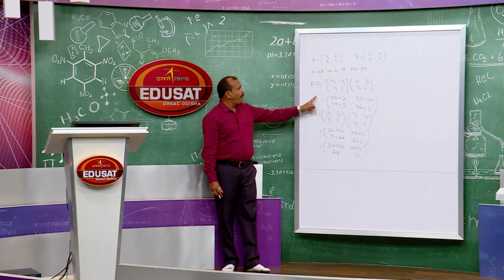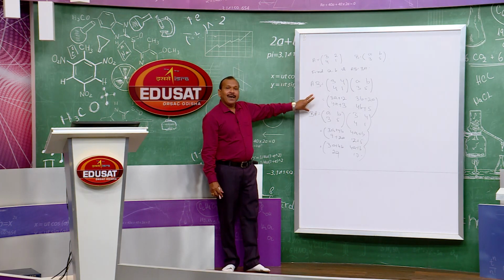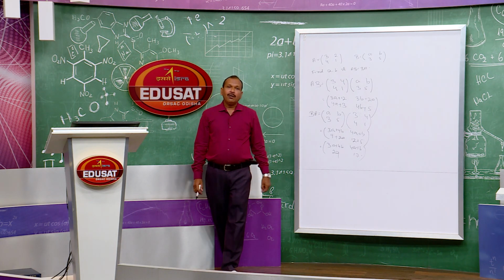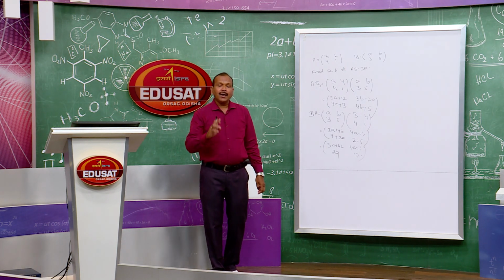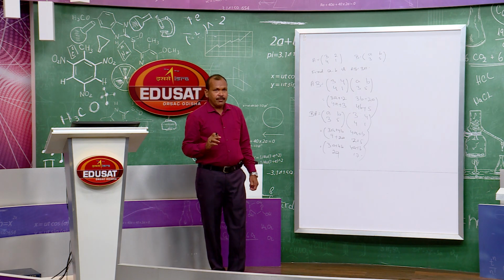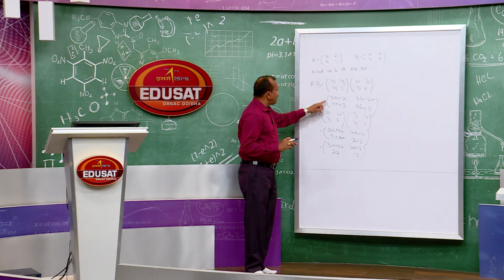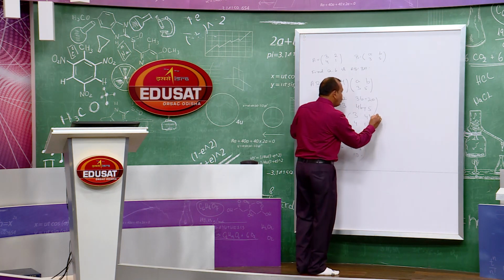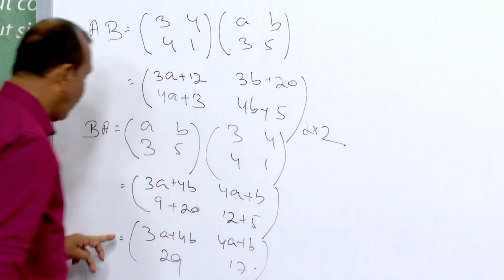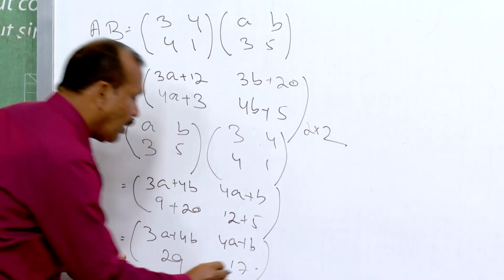Now AB is equal to BA. Two matrices are equal whenever their order is the same and the corresponding elements are the same. AB is a matrix having order 2 cross 2 and BA is a matrix having order 2 cross 2.